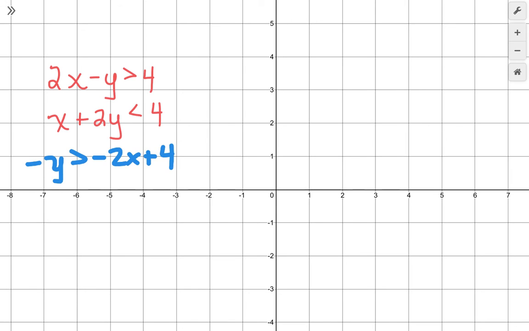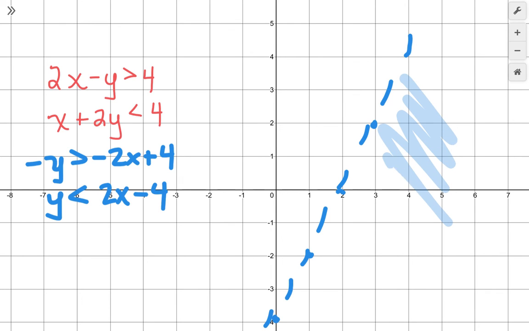We then need to divide by that negative 1 and flip the inequality sign because we divided by the negative: 2x minus 4. So y started off its life looking like it was greater than. Turns out it's a less than. So 2x minus 4. This is a dotted line. And then y is less than, so less than would be below that line. That's here.